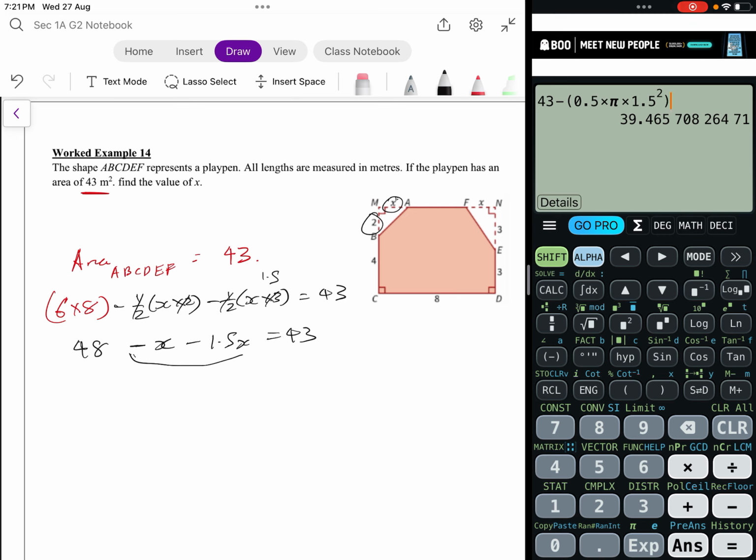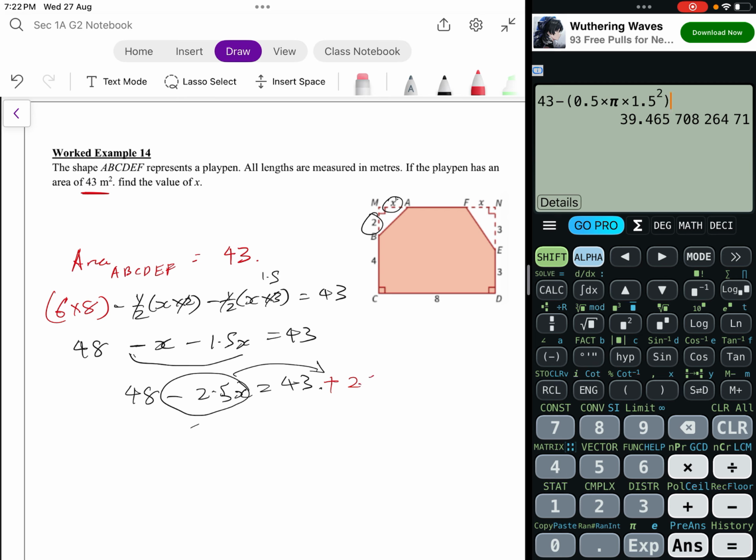So combine the two x's, 2.5x, equals 43. Then now I'm going to transfer this over, becomes plus 2.5x. So I get 48 equals 43 plus 2.5x.